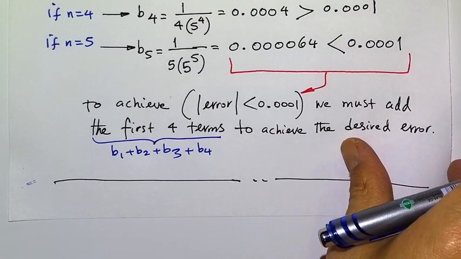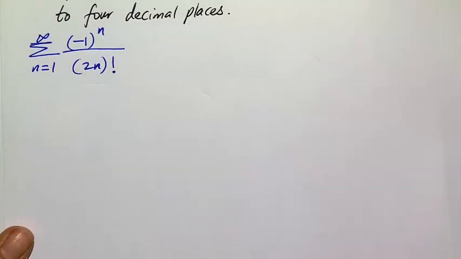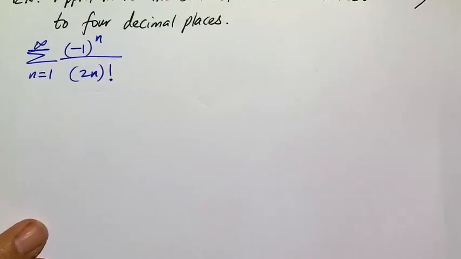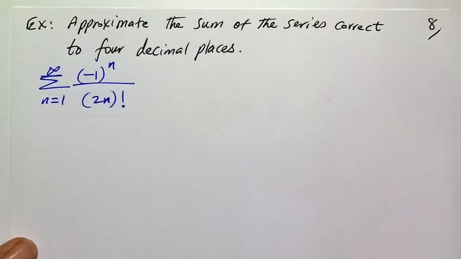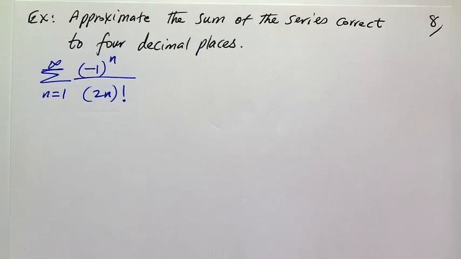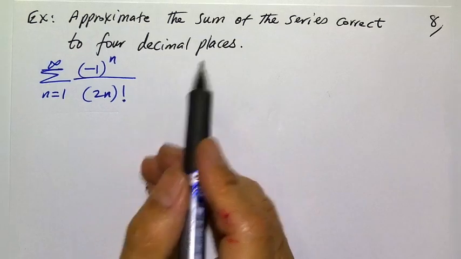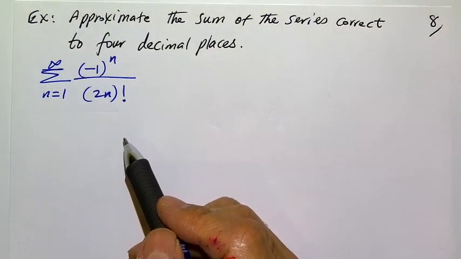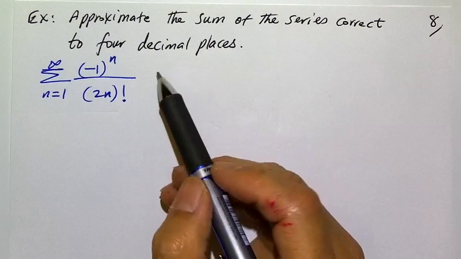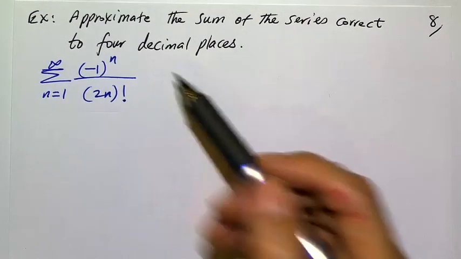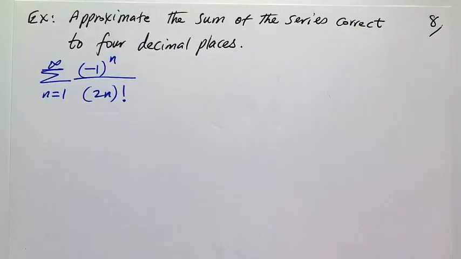Okay, let's do another example of this kind. It's going to be a little bit different, but pretty much in the same context. Here we're asked to approximate the sum of the series correct to 4 decimal places. So we just want to know when we should stop.